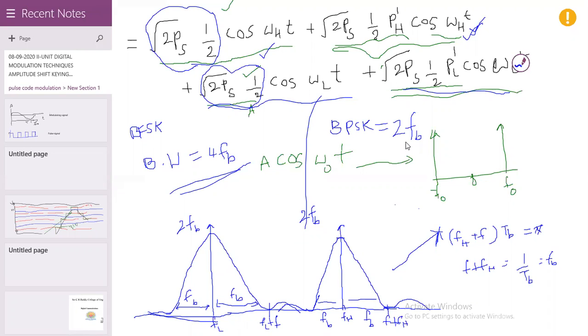The frequencies are different, so a higher bandwidth is required for transmitting the data in BFSK. Each symbol consists of 1 bit in both cases, but the bandwidth for BPSK is 2FB for 1 bit, whereas in BFSK the bandwidth is 4FB. Do you understand why the bandwidths are different in BFSK and BPSK?